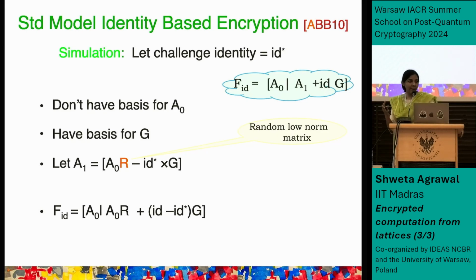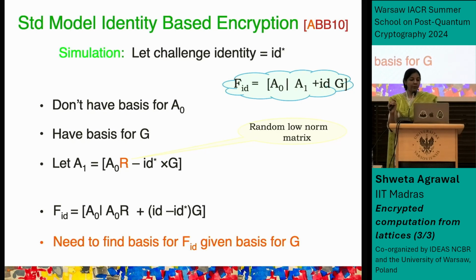So we only have a trapdoor for G. We did not yet talk about how to sample keys when I have a trapdoor for G. But we can at least notice that when ID is ID star, I no longer have a trapdoor even for G. I have no trapdoors anymore. So for FID star, it just looks like A0, A0R, and there is no way for me to give you keys for this. Okay? So this is just what I wanted to notice.